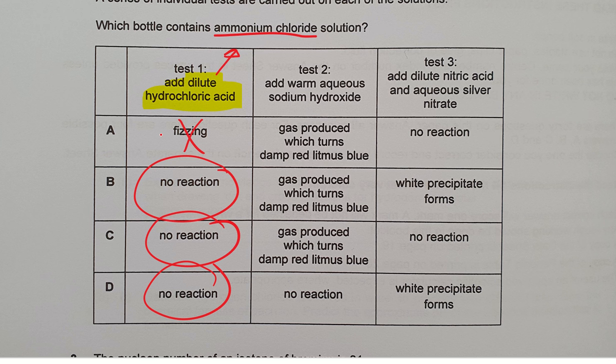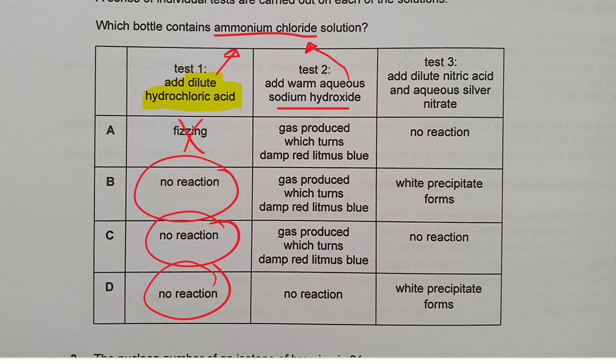For test number 2, you are asked to add warm aqueous sodium hydroxide. When I add this warm aqueous sodium hydroxide to my ammonium chloride solution, what will happen?